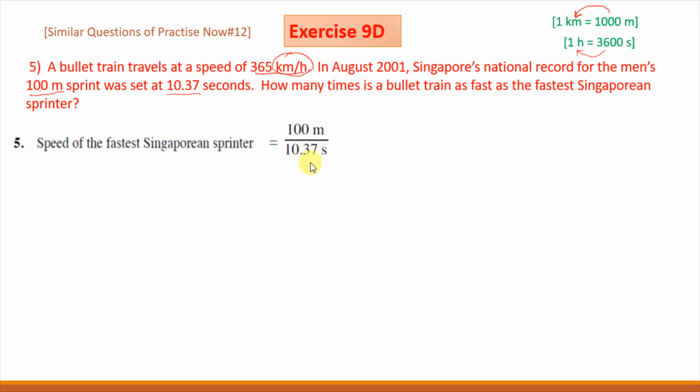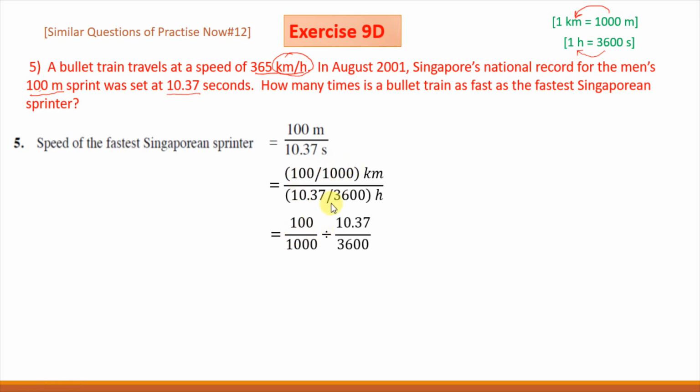So 10.37 divided by 3600. Hence in the next step, 100 divided by 1000 kilometer divided by 10.37 divided by 3600 in hours. We can write it like this: 100 divided by 1000 divided by 10.37, now this divided by 3600.